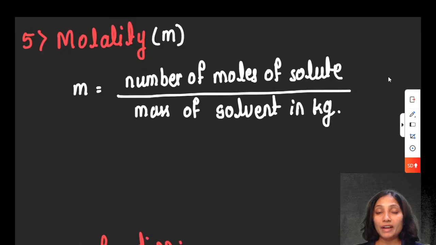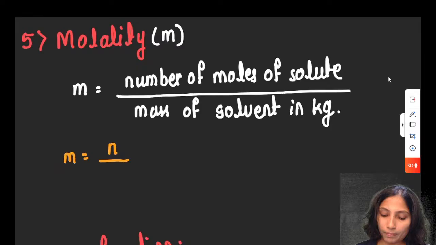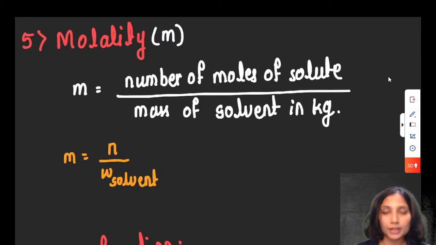Mass of solvent in kg, that's given. So we should be very careful. Molality is the number of moles of solute present in 1 kg of solvent. A simple way we can represent it: molality is equal to number of moles of solute divided by mass of solvent in kg.